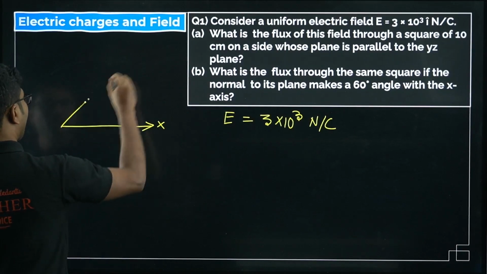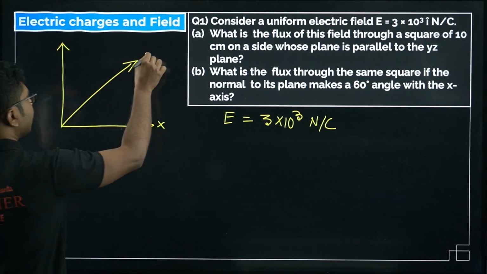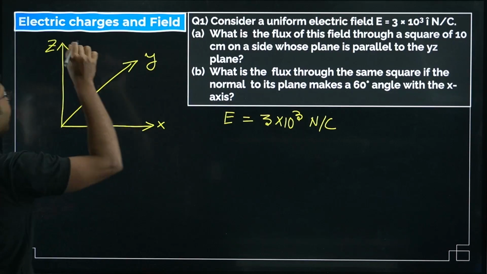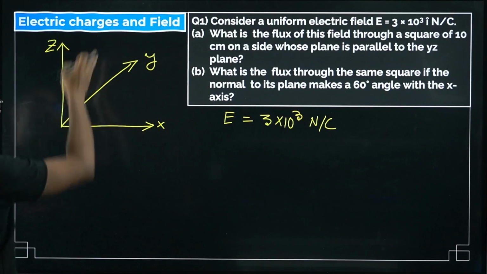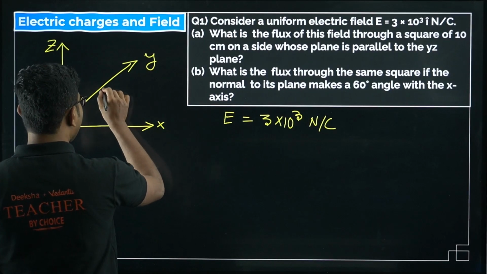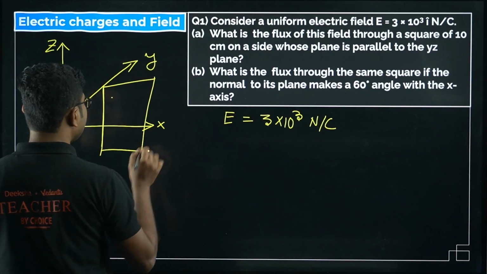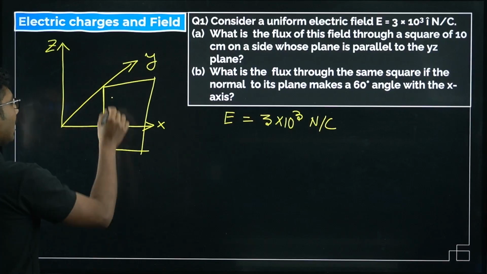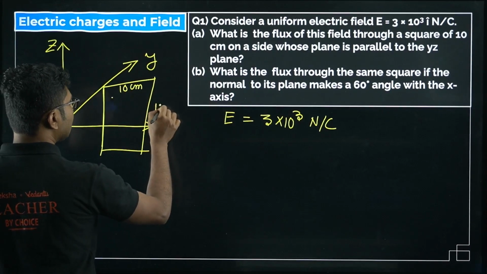So this is my y-axis and this is my z-axis. This is a three-dimensional figure, so generally we cannot draw it properly on a two-dimensional plane, but I hope you understand that y is into the paper. Now, what is the meaning of YZ plane? This is a YZ plane, 10 centimeter on both sides.